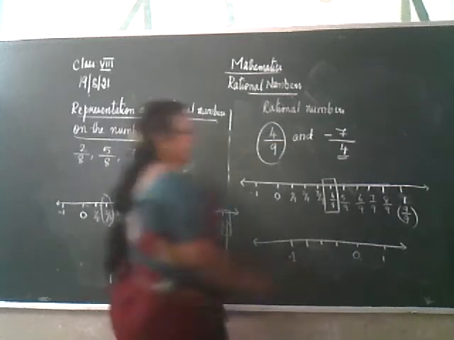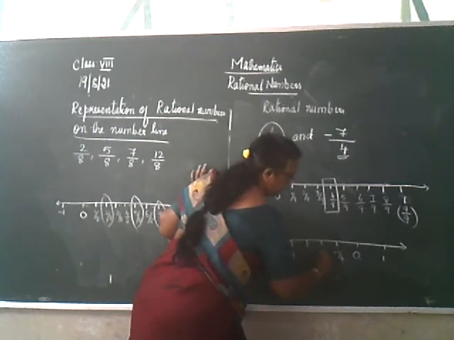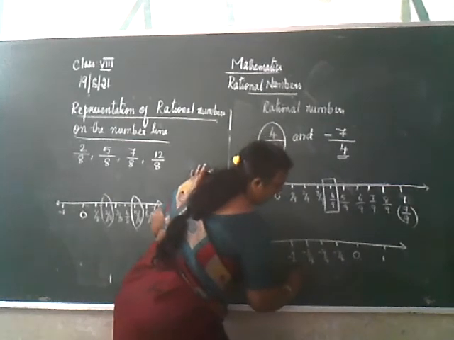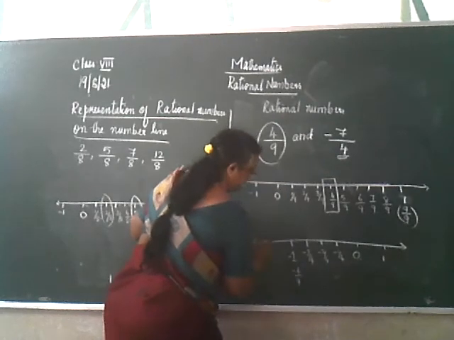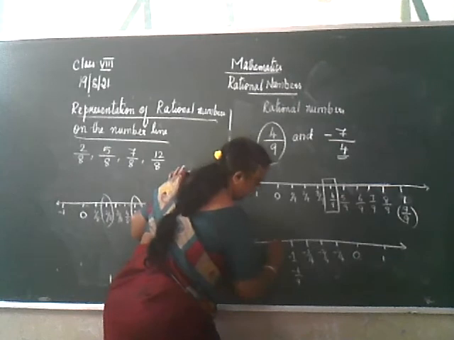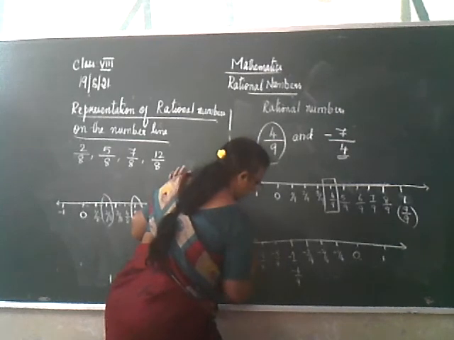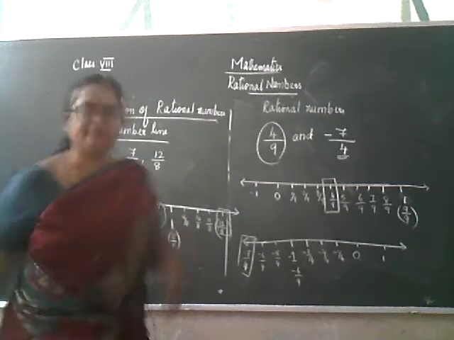So let me write minus 1 by 4, minus 2 by 4, minus 3 by 4, minus 4 by 4, then minus 5 by 4, minus 6 by 4, minus 7 by 4. Okay. I have represented minus 7 by 4.